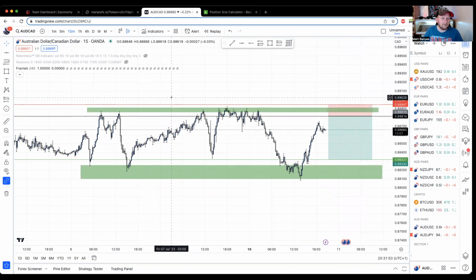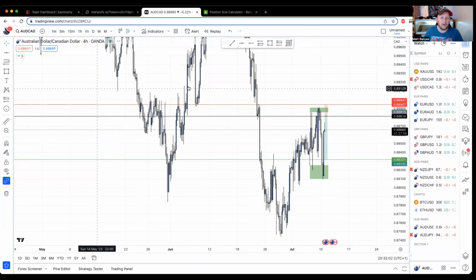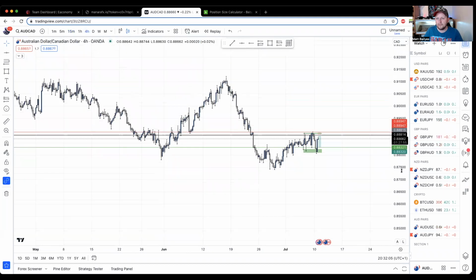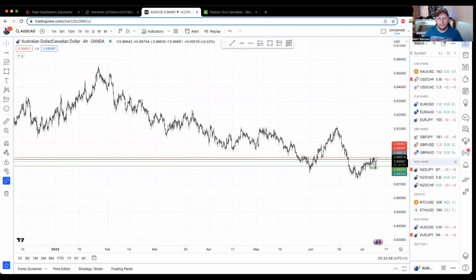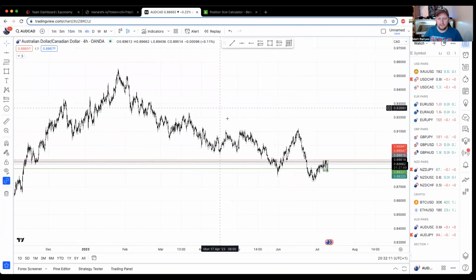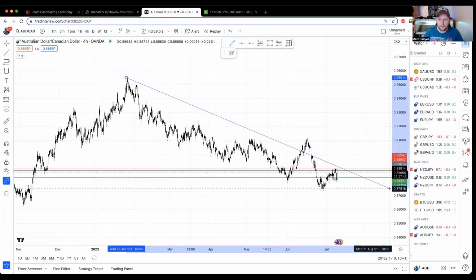What I like to tell people is the trend is your friend. So we're going to try and find the overall trend of this market. What I'm going to do is go to the 4-hour chart time frame, and I'm going to zoom out. And what I can see immediately now I've zoomed out is that we are in a downtrend. So let's draw our trend line right here.